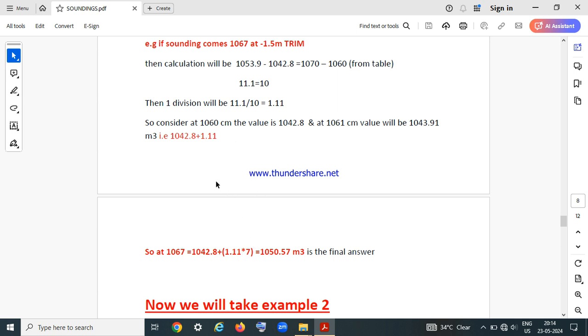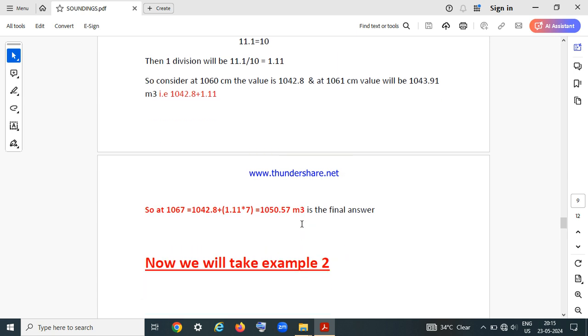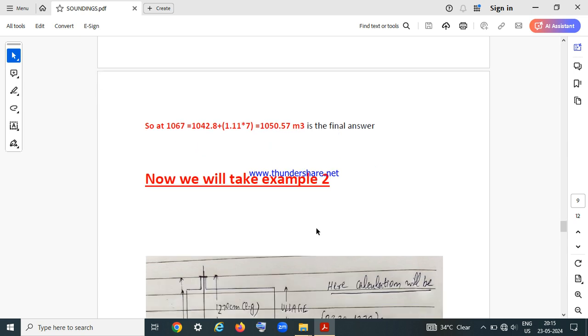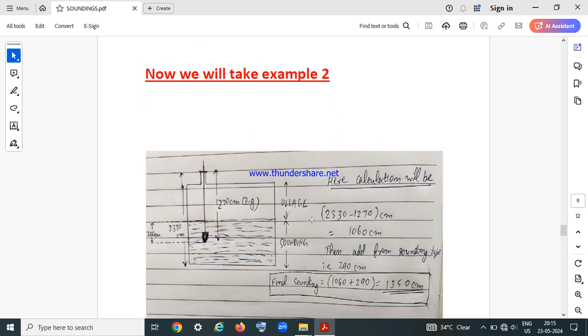If we want the calculation for 1069, then we write 9 here, because 1060 to 1069 is 9 divisions. After calculating, this is the meter cube, the final answer. From here you can calculate the metric ton. This is the simplest and basic method, and it is very easy to understand. Now I will take another example.